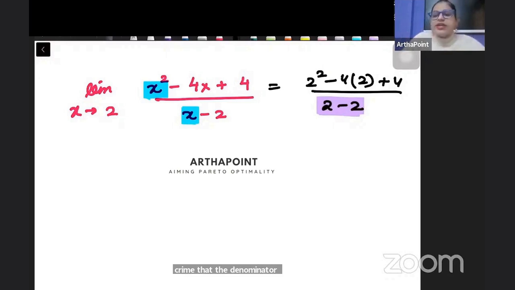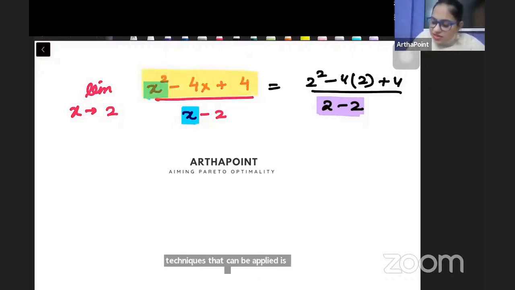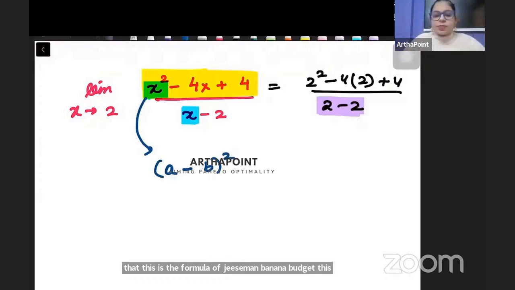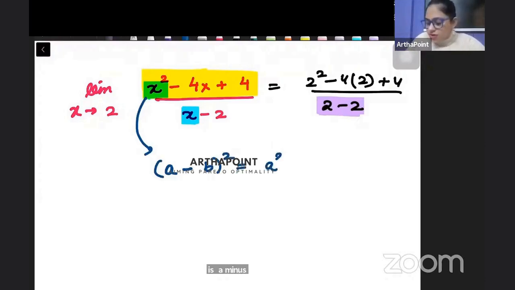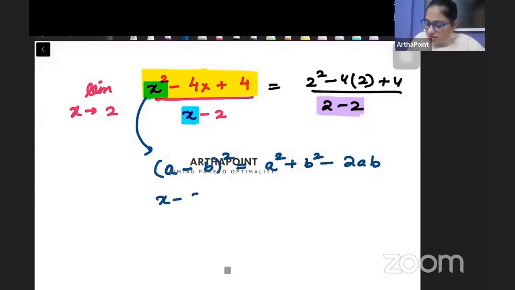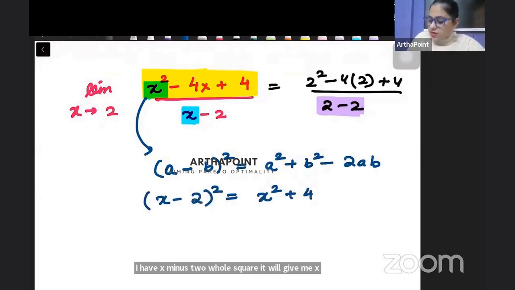So one of the techniques that can be applied is a factoring method. ये हमें थोड़ा सा mathematically with practice it will hit us. कैसे? I can clearly see that this is the formula of, जैसे मैंने बनाया है बच्चे, a minus b whole square. A minus b whole square gives you a square plus b square minus 2ab. So if I have x minus 2 whole square, it will give me x square plus 4 minus 4x.